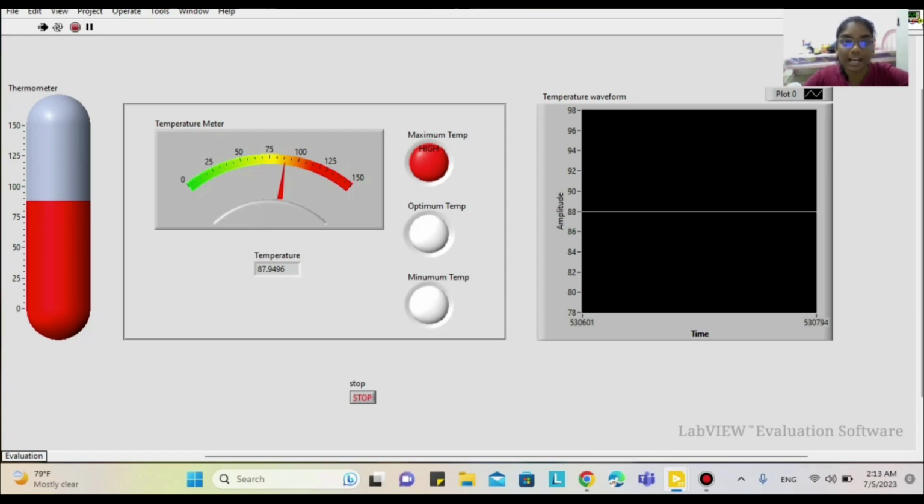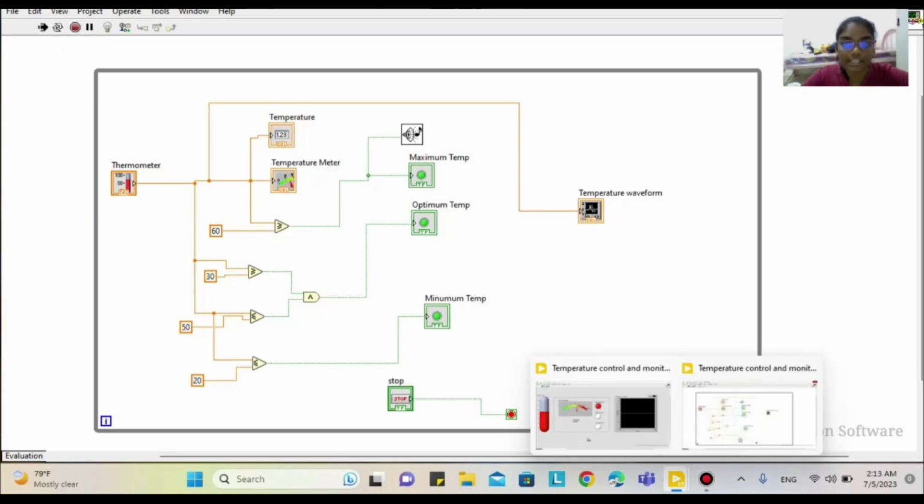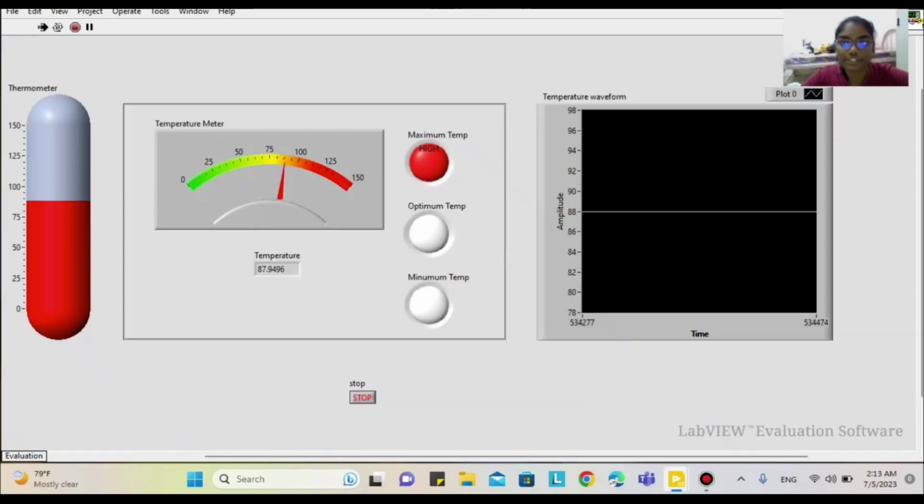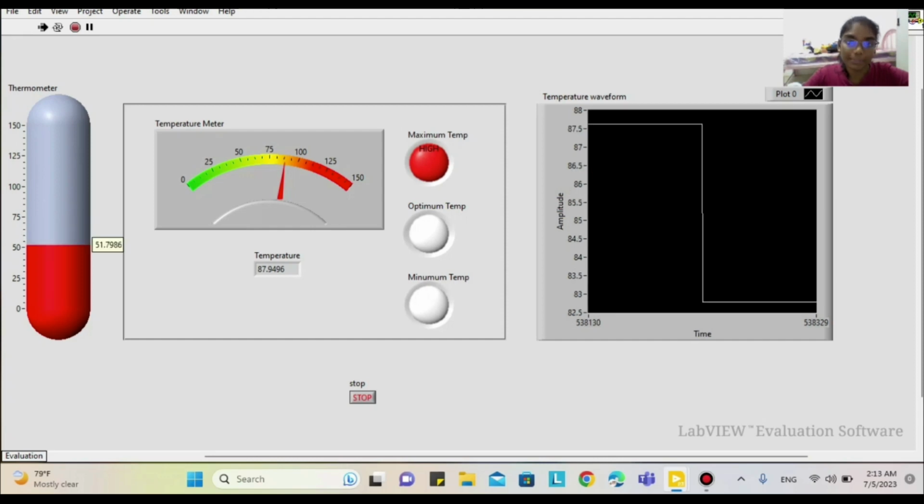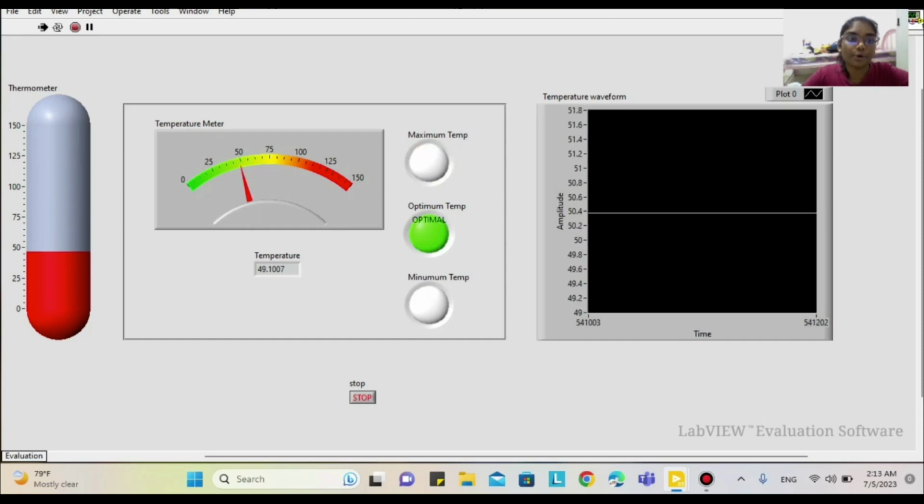The buzzer starts to sound, which indicates the temperature is high, so we have to take action to bring the temperature to the optimum level. Once it is at the optimal level, the buzzer stops.